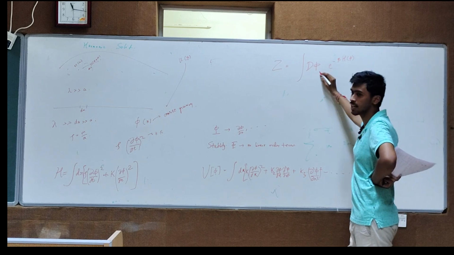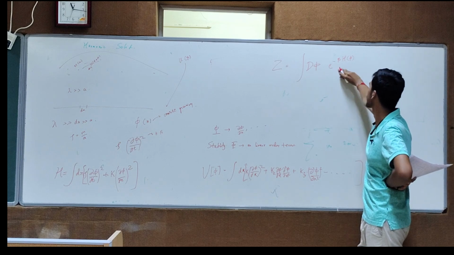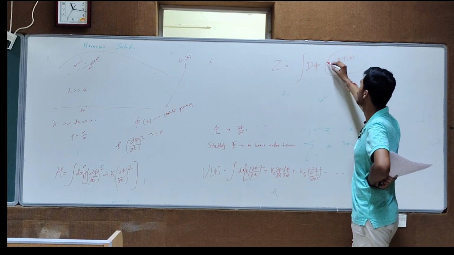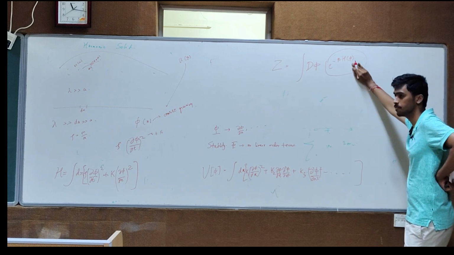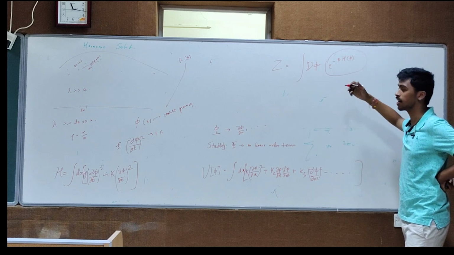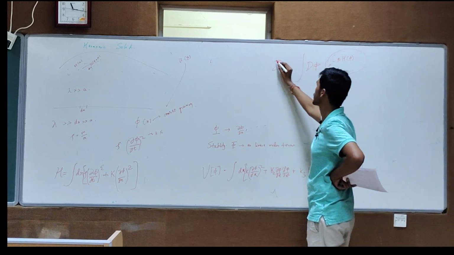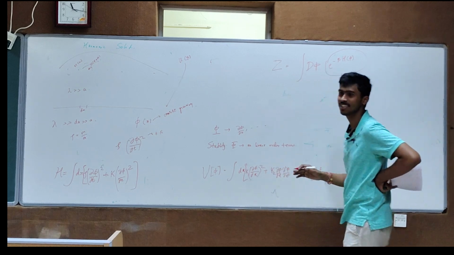So you are basically integrating over each function. This gives a value for each function, and you integrate over all the functions, and that would give you the partition function. Is this fine?